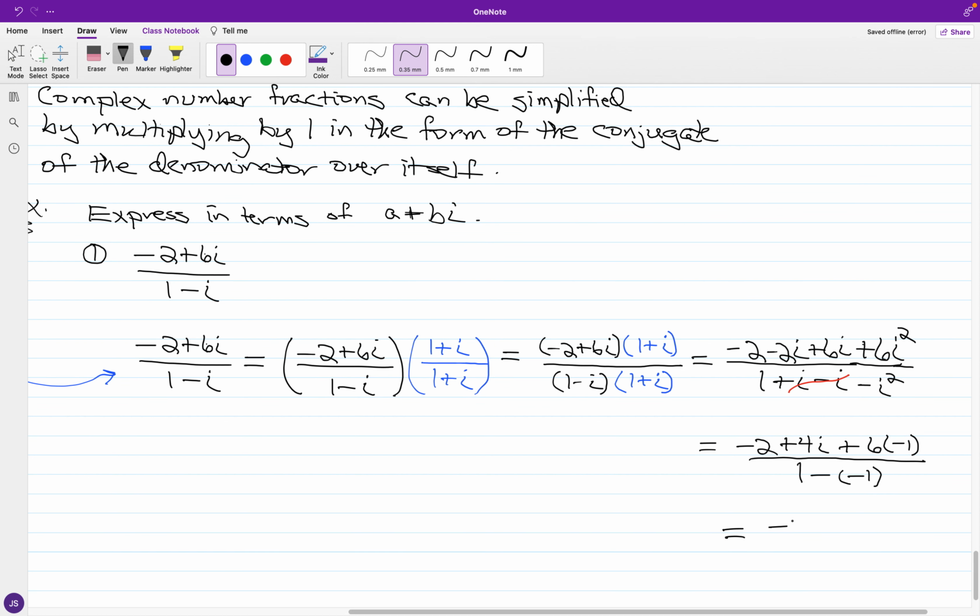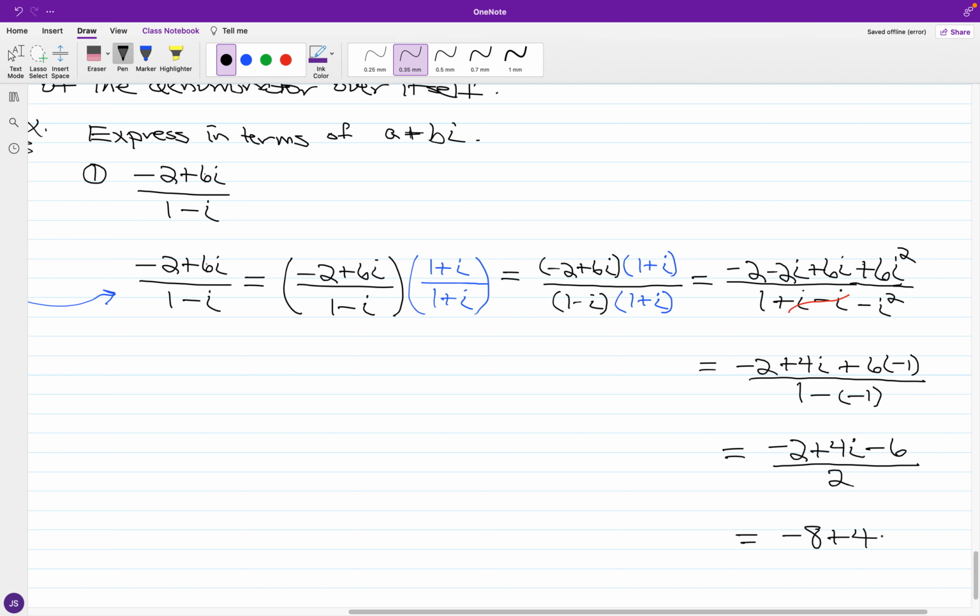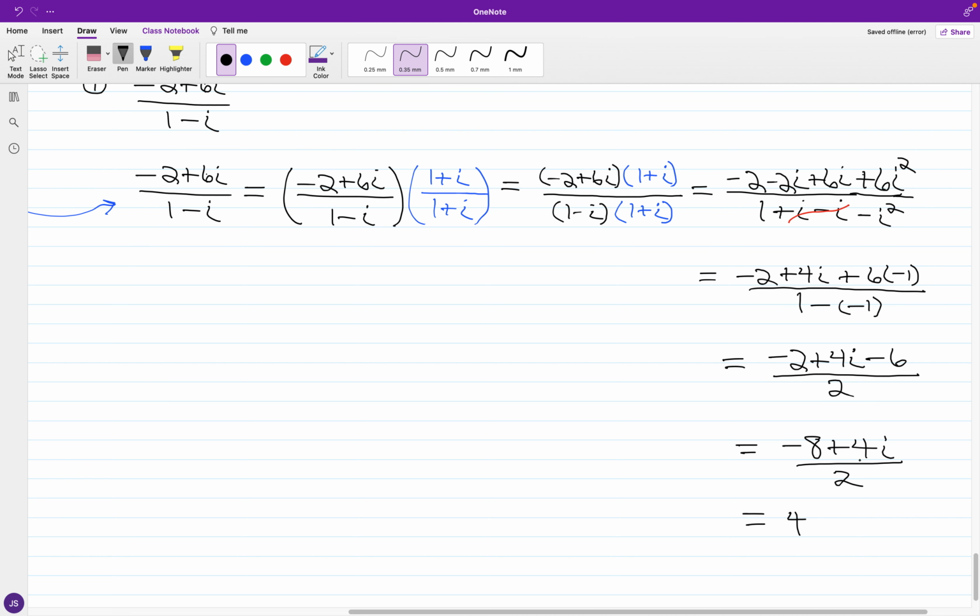So for the numerator, negative 2 minus 6 is negative 8, and we have plus 4i, all over 2. Negative 8 halves is going to be 4, and 4i over 2 is going to be positive 2i. So in this reduction, this is going to end up at 4 + 2i.